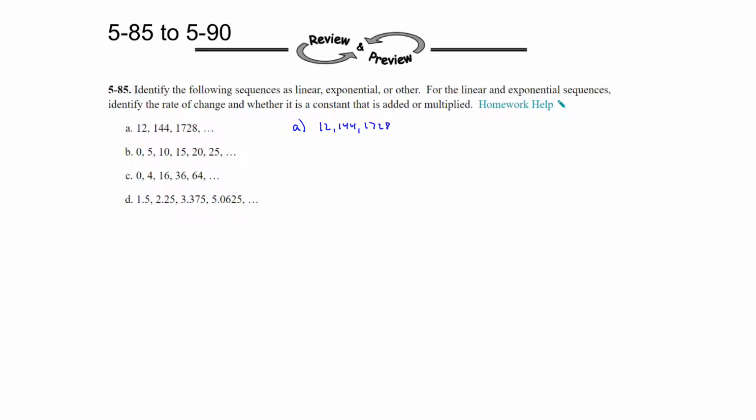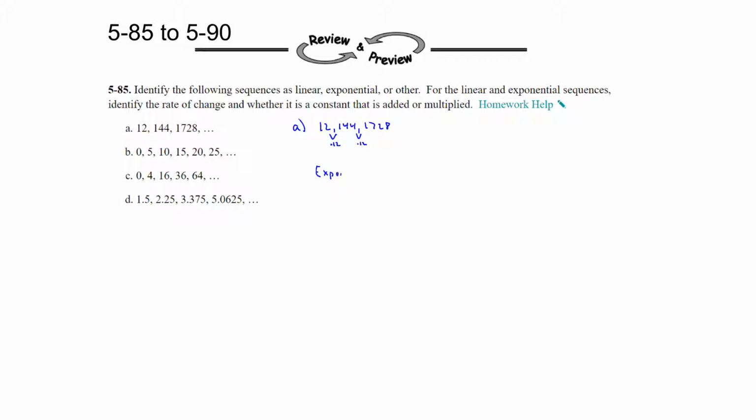So you can see definitely that it's not going to be a linear or arithmetic sequence because the adding is increasing by too much on each of these. If you multiply the 12 times 12, you get 144, and if you take 144 times 12, you get 1728. So this would be a geometric sequence, which represents an exponential.